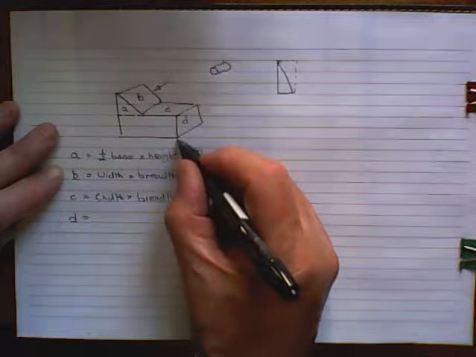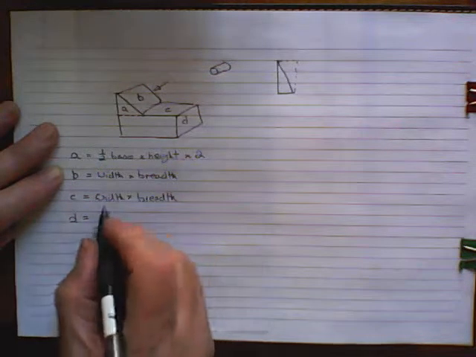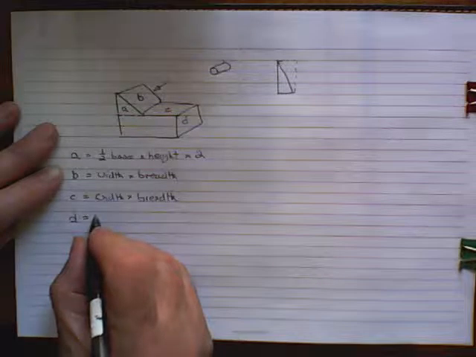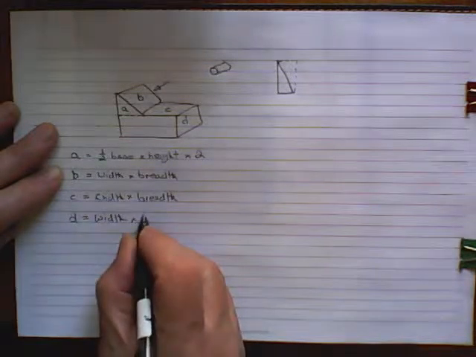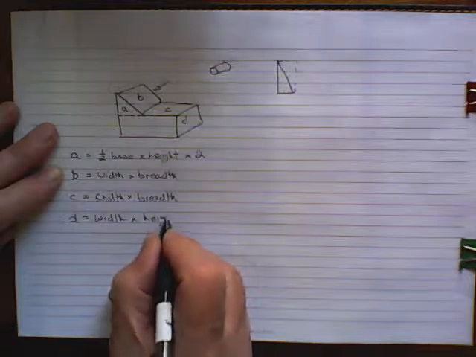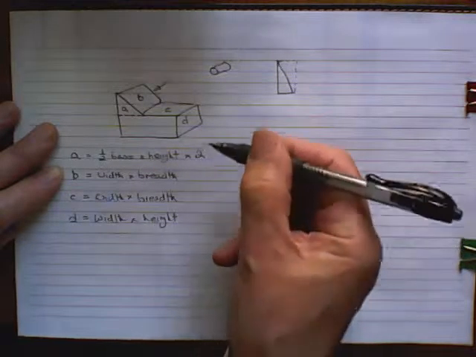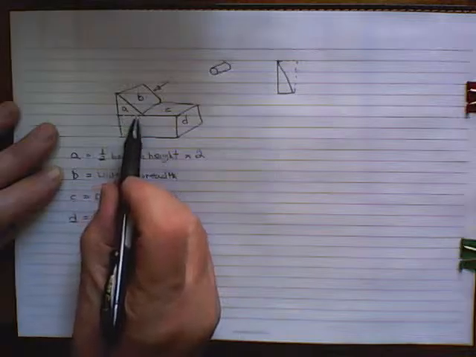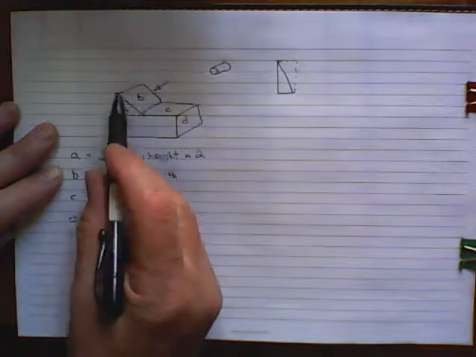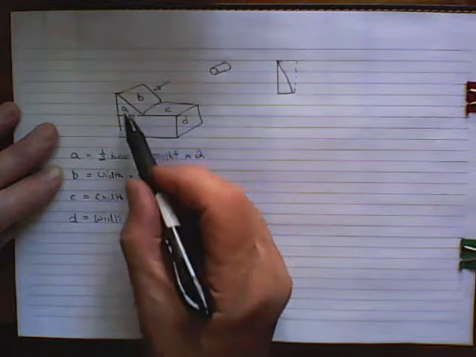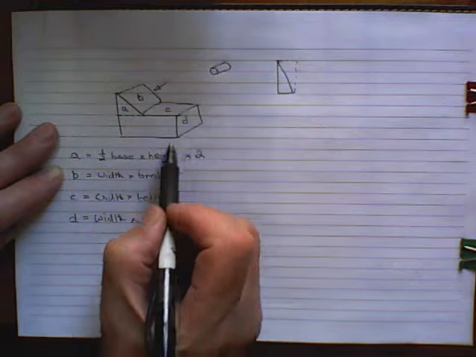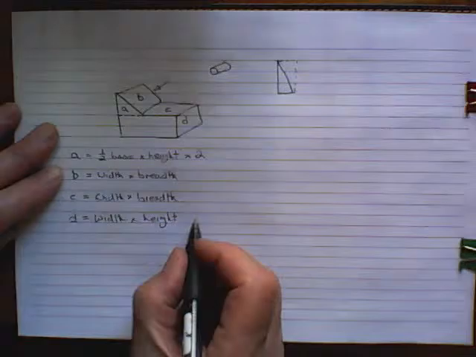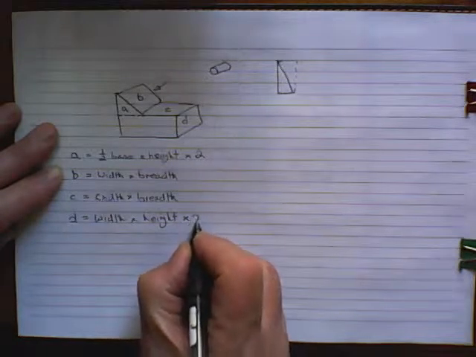D, you might consider to be the width times the height. Does it matter? And because I've separated off this prism from the rest of the shape, then we can have D is times 2.